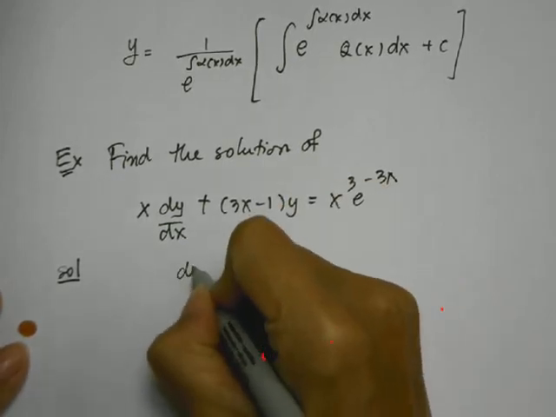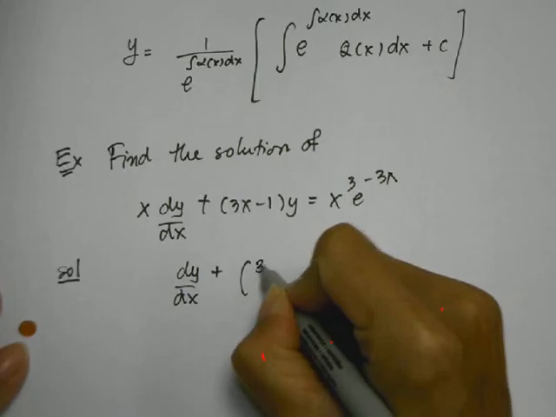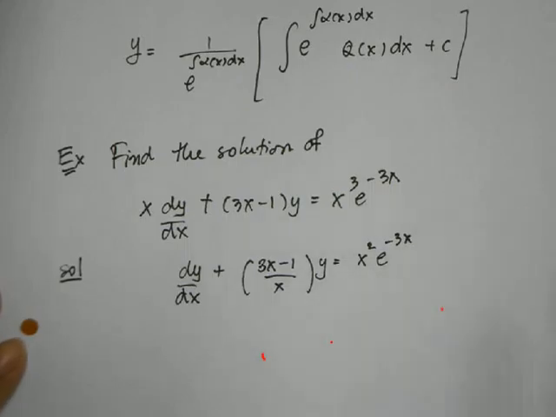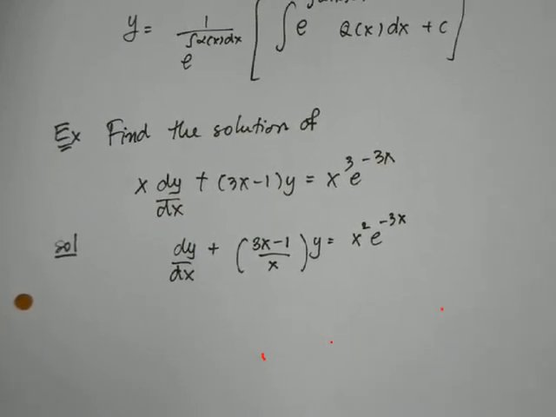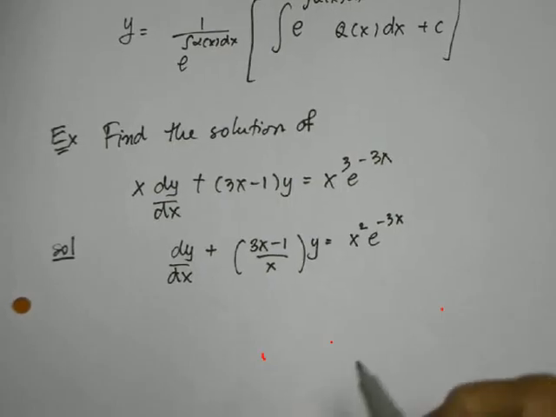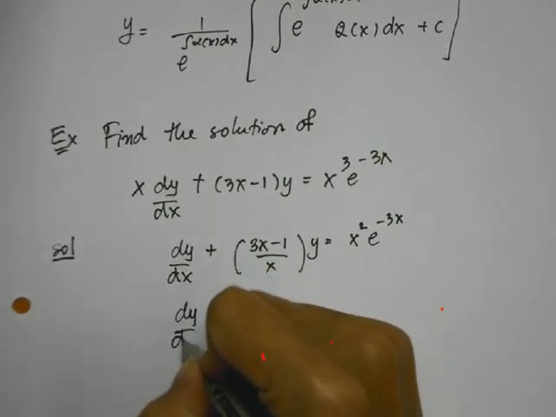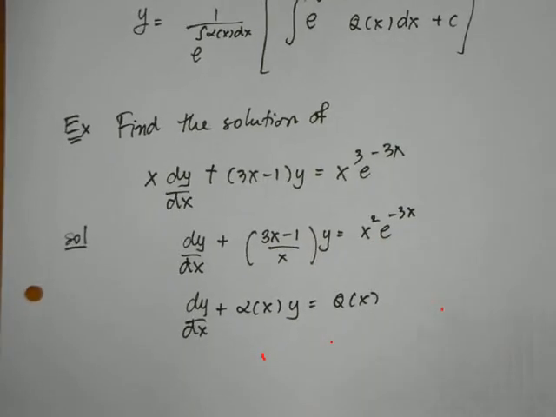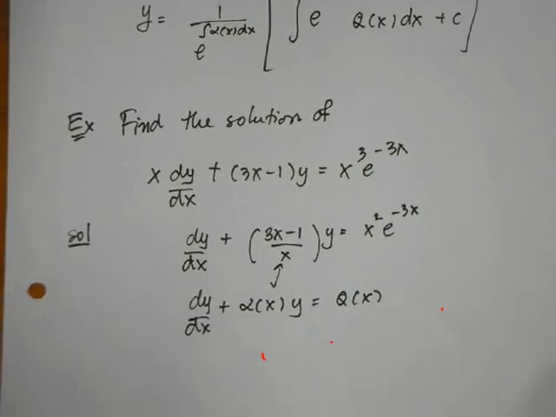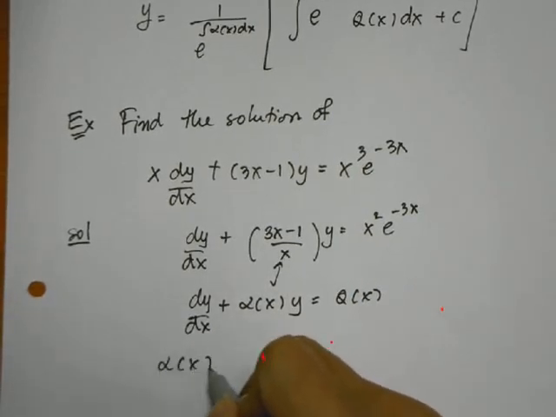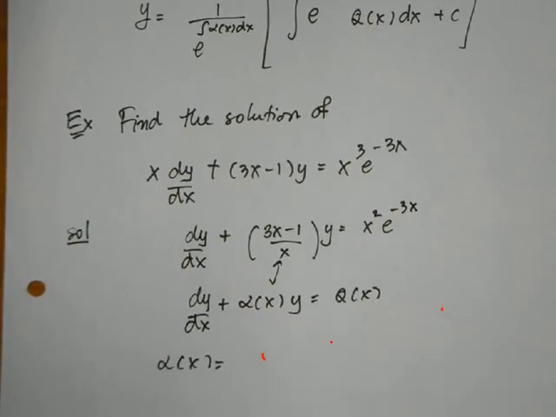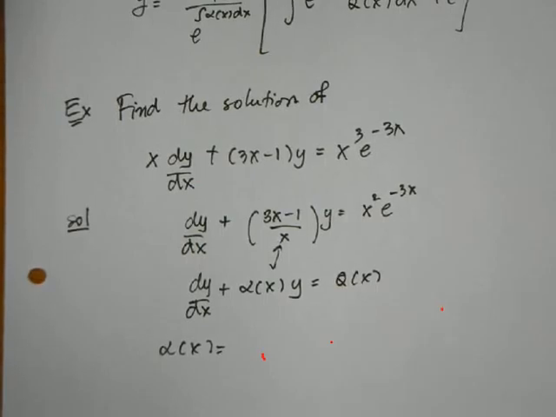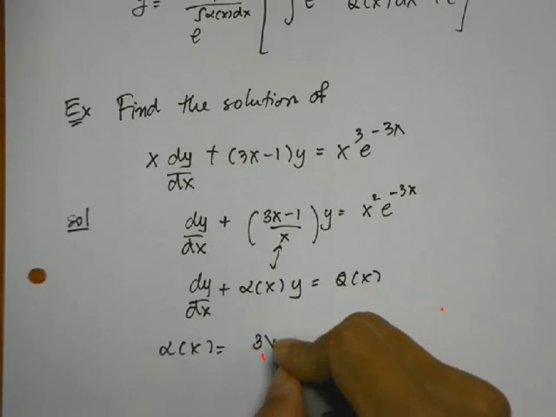So we would get the new equation, and from our equation we say that alpha(x) equals what? Alpha(x) equals 3x minus 1 divided by x.